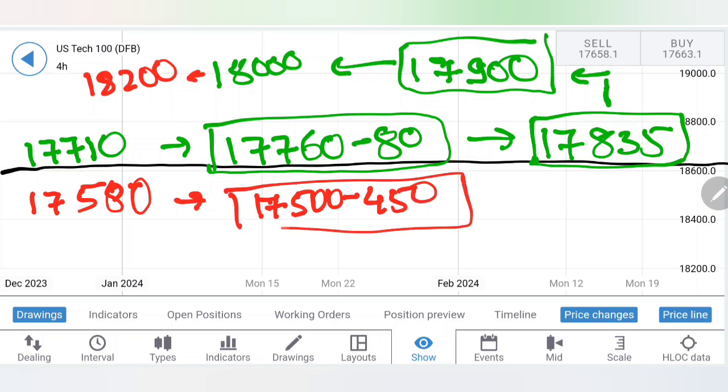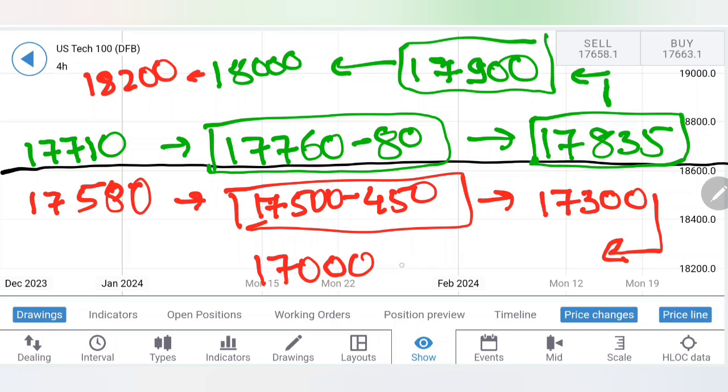If this zone is taken, then we can look forward to a stronger drop, which can take the prices towards 17,300, the next targets. And below 17,300, this time the direct milestone is 17,000 levels, but I expect it to get intermittent support at around 17,140 levels. So take your positions accordingly.